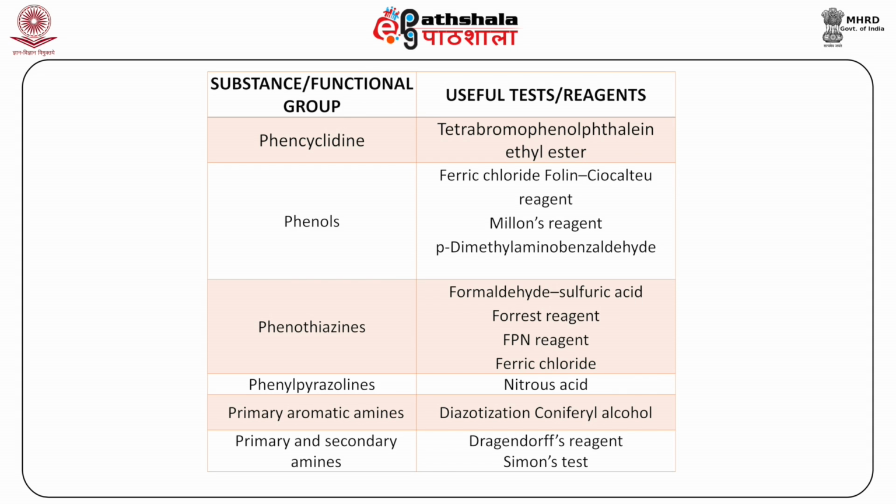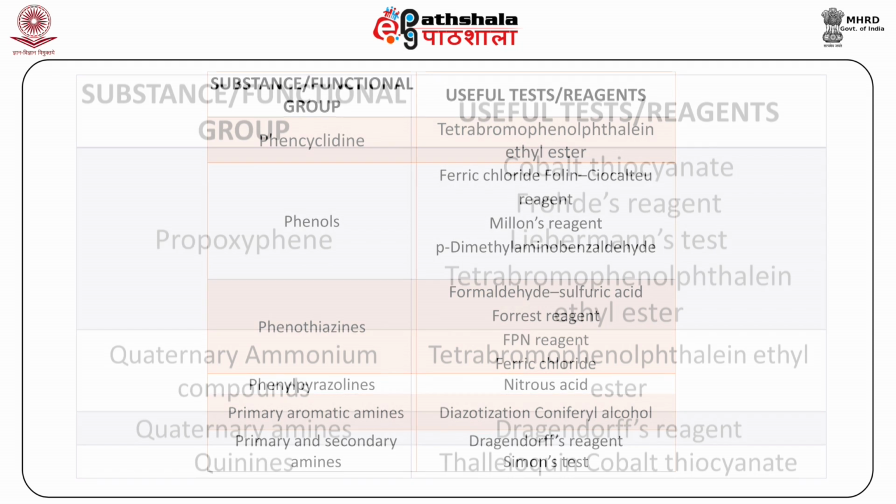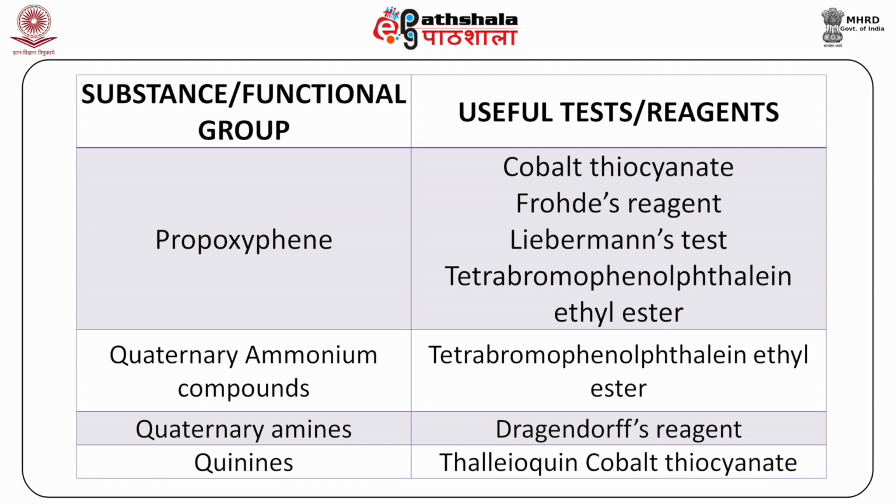Primary aromatic amines, diazotization, coniferyl alcohol is employed. In case of primary and secondary amines, Simon's test or Dragendorff's reagent is used. In case of propoxyphene, cobalt thiocyanate, Froehde's reagent, Liebermann's test, tetrabromophenolphthalein ethyl ester.